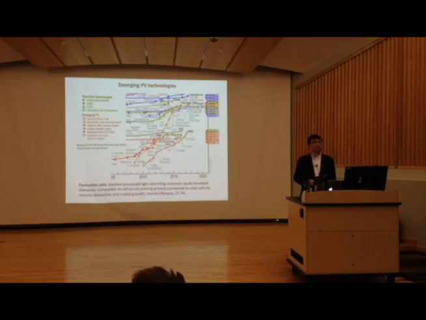The whole thing is moving toward ultimately module-level shutdown, so each module will actually shut down in that case. We also have ground fault interrupters that are code required to address that. So there is a lot of research going into that, and the electrical code is slowly making some changes in that regard.